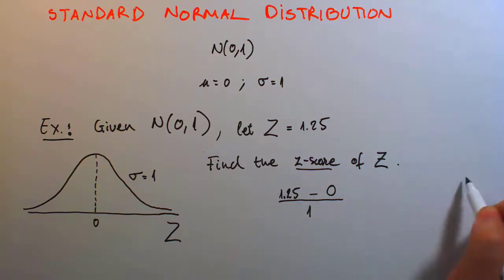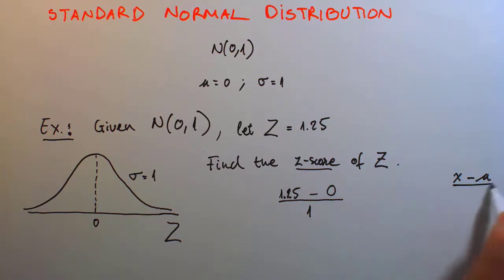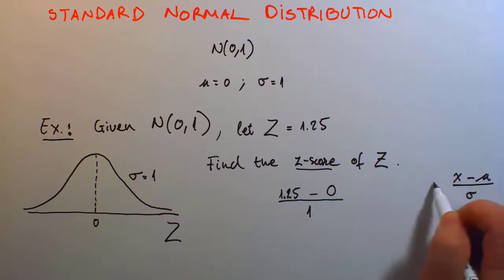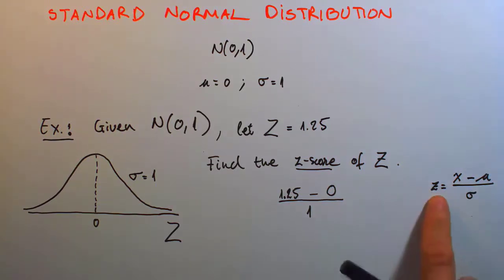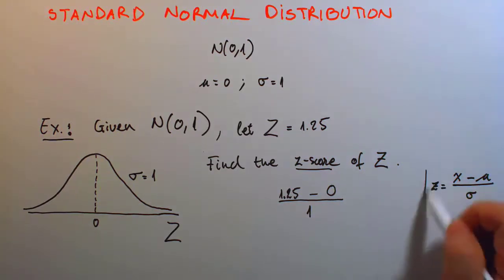Remind yourself, if you have any value, say namely x, finding z score of x, we're going to take value, subtract the mean, and divide it by the standard deviation sigma, and that's how we come up with z score. And this is a lowercase value as a reminder.